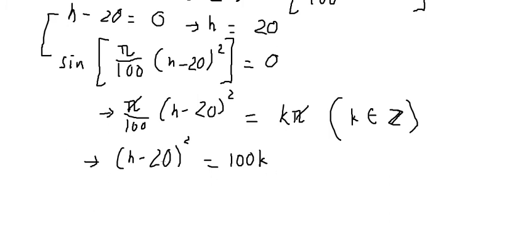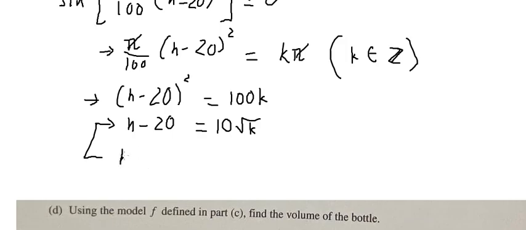Now we need to put the square root for both sides. So we have h minus number 20 equal to 10 with the square root of k. And h minus number 20 equals to negative number 10 with the square root of k. And then we put negative number 20 go to the right.